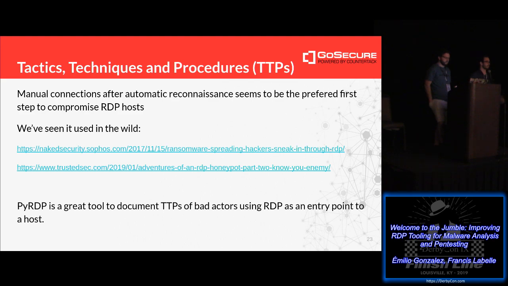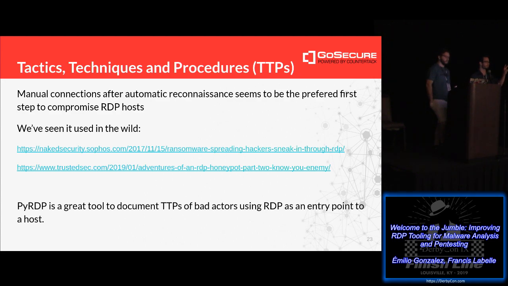So yeah, manual connections after automatic reconnaissance seem to be the preferred first step to compromise RDP hosts. I'm putting aside, obviously, the new exploits, BlueKeep and such. And we've seen it used in the wild. I've linked 2 articles.